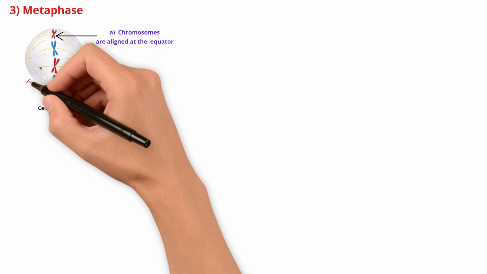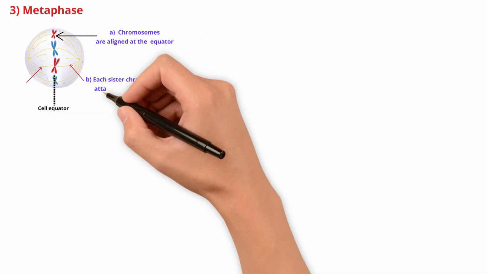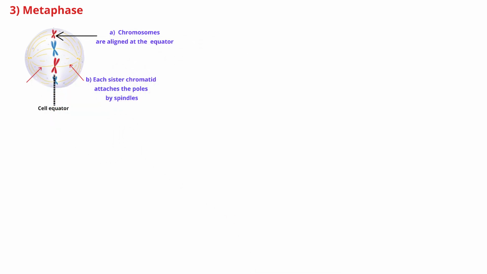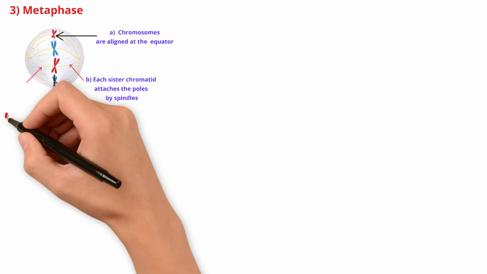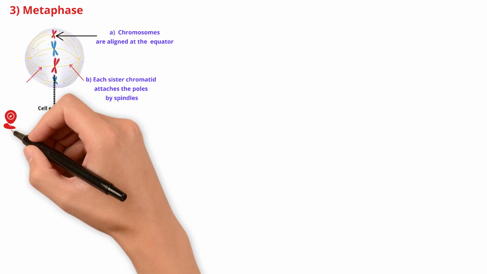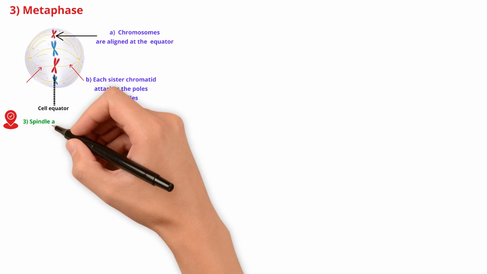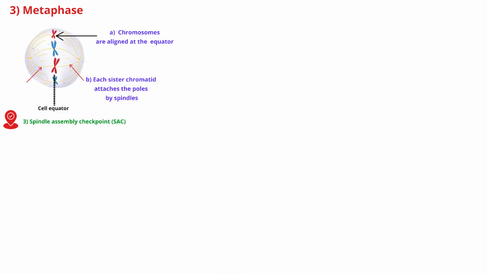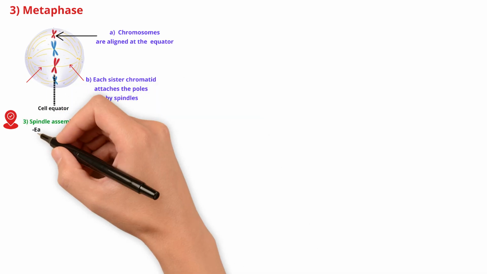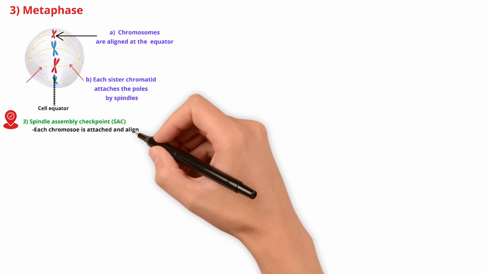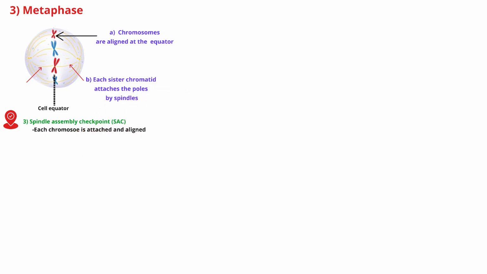In addition, each chromatid is now attached to both poles via spindle fibers. Importantly, a crucial checkpoint occurs in the metaphase stage, as we discussed in the cell cycle lecture. This is called the spindle assembly checkpoint, SAC, and its role is to ensure that every chromosome is properly attached and aligned. If not, division is halted.